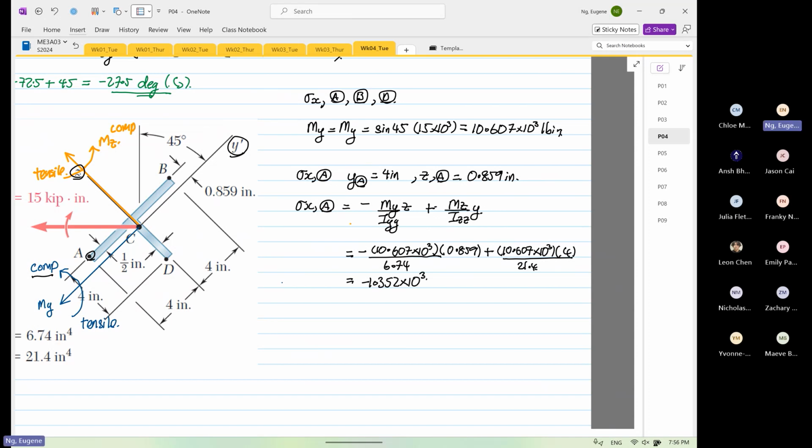Let me try it again. 10.607 times 10 to the power 3 times 0.859 divided by 6.74, 1.352, and plus 10.607 times 10 to the power 3 times 4 divided by 21.4, 1.983.